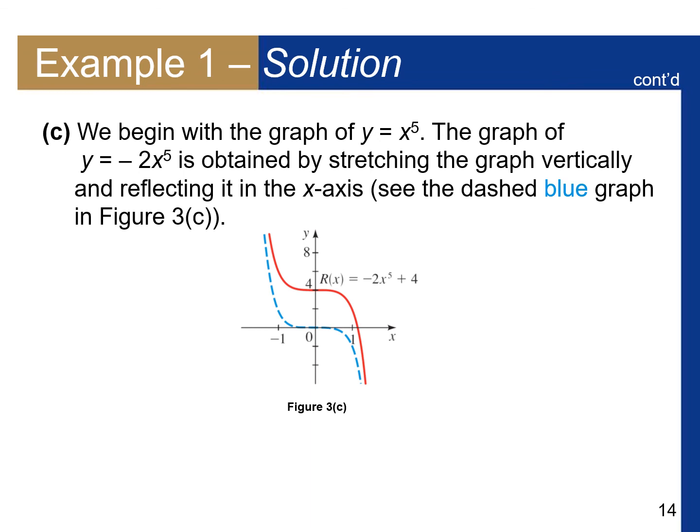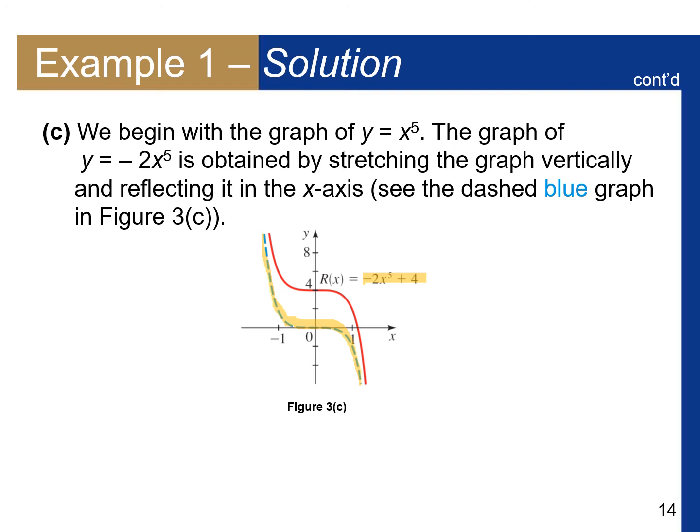Okay, so now we want to take a look at -2x to the fifth plus 4. So my y equals x to the fifth would be right here, this function that, well, actually this would be the negative of that function, if we flip it around the x-axis.